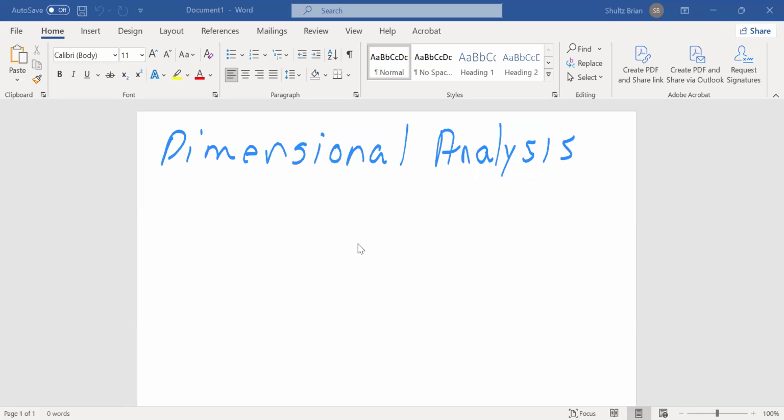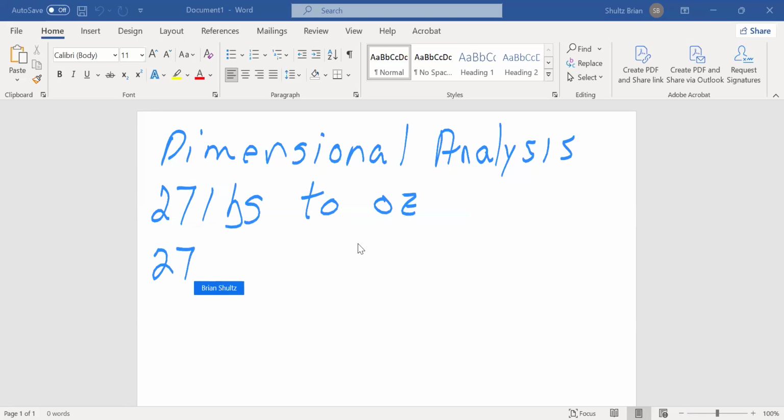So as I work on dimensional analysis, this is like changing from, for example, 27 pounds to ounces. Or maybe I want to change 27 pounds to grams. In order to do these types of problems, I have to use dimensional analysis.